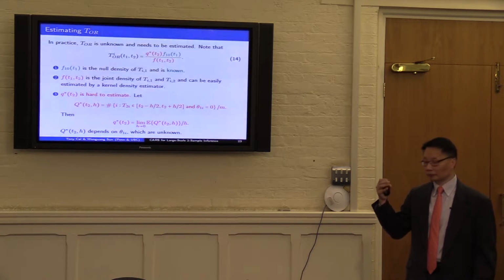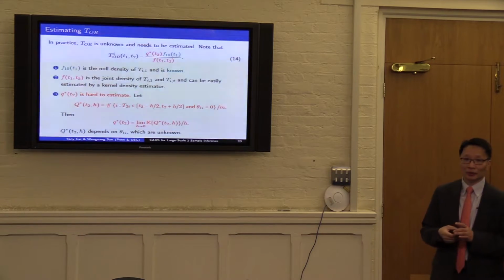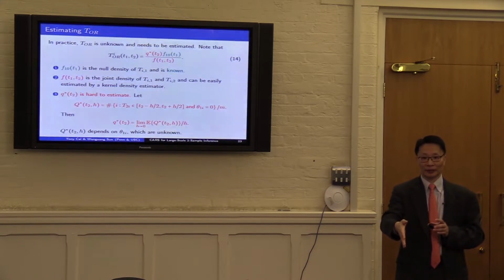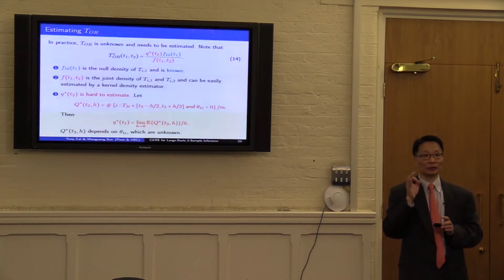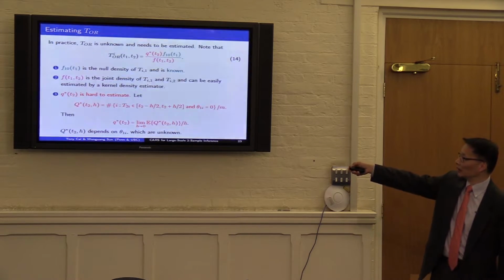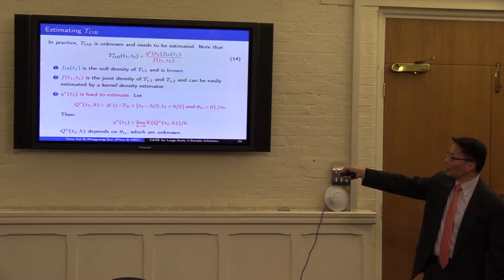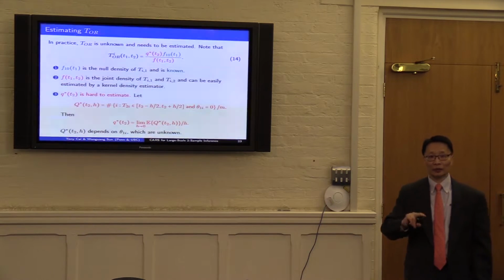And for multiple testing problems, the null is known. For example, if you use Z value, it's standard normal. If you use P value, it's uniform. So this is known. And F is the joint density of T1 and T2.